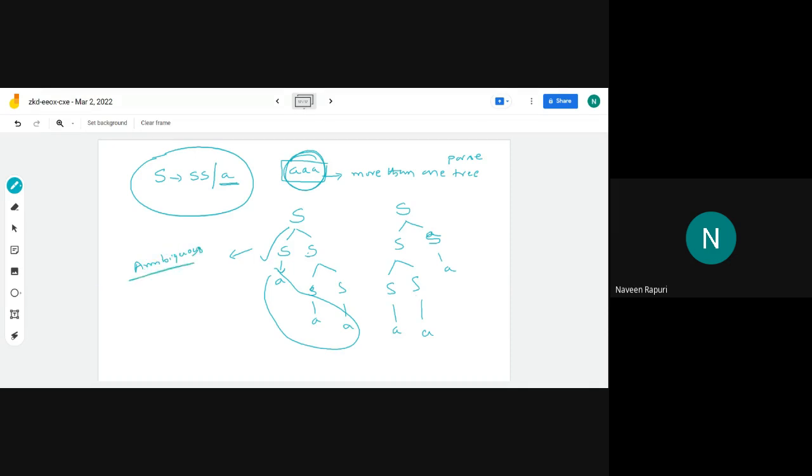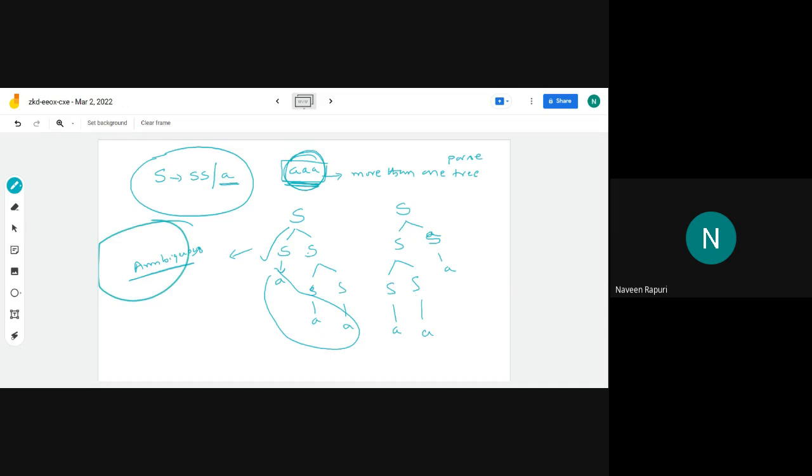If any grammar is producing more than one tree or more than one derivation for at least one string, please concentrate on this definition. For at least one string, if we write more than one tree, then that grammar is ambiguous grammar.